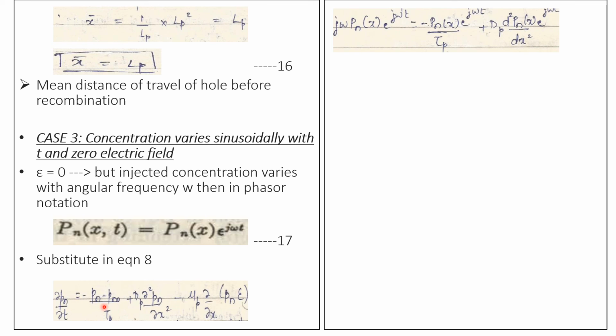Then Pn minus Pn0 by tau p, here it is written as minus of Pn of x e raised to j omega t upon tau p plus Dp into delta square Pn, which we will again substitute in this form, Pn of x e raised to j omega t, and epsilon is 0, so the third term will not be there.